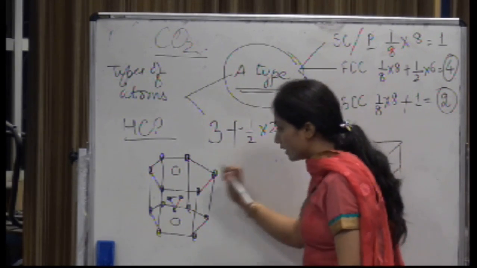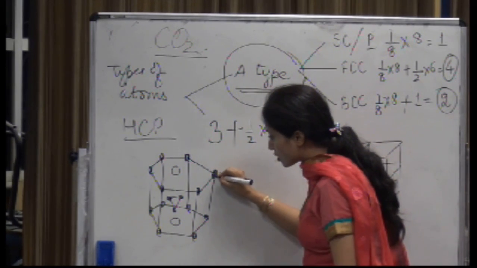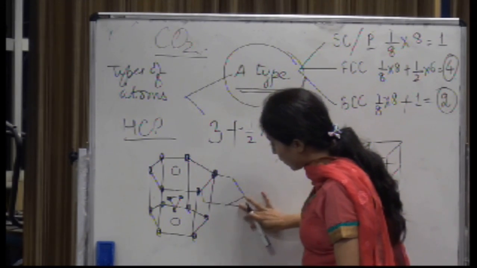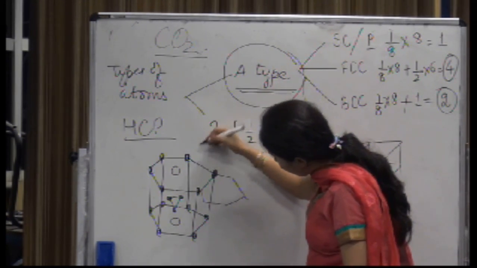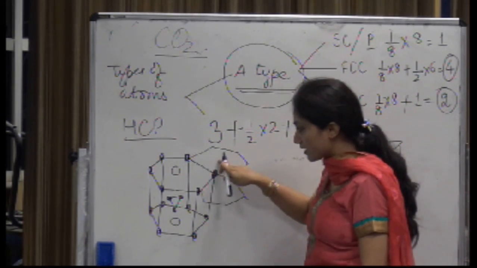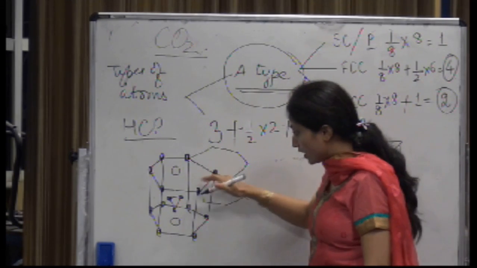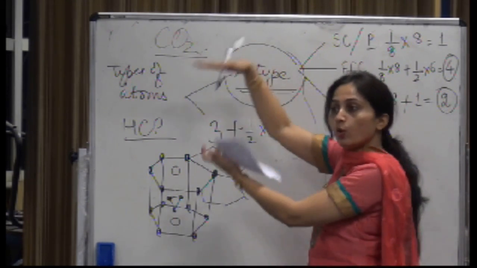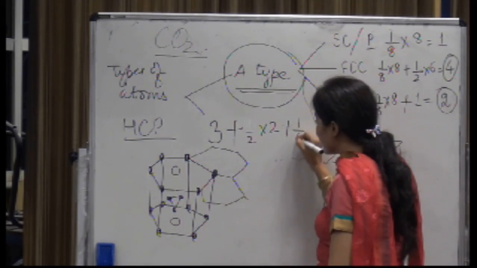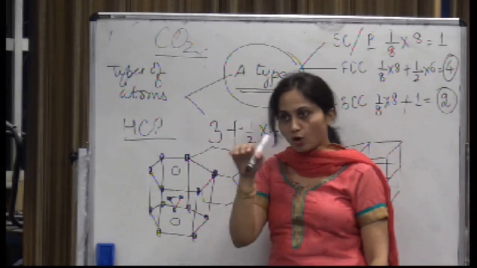Now for the corner, let's concentrate on this corner. Alright, you will have one hexagon here, and you will have another hexagon here. So there are 1, 2, 3 hexagons here that share this point, and 3 above it. So the contribution will go to 1/6 per corner.